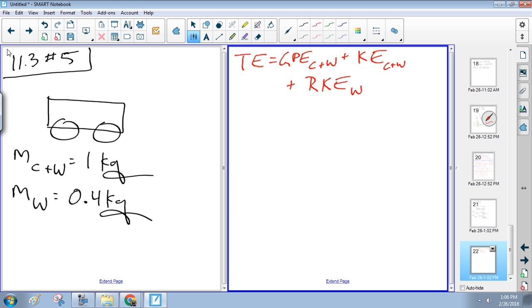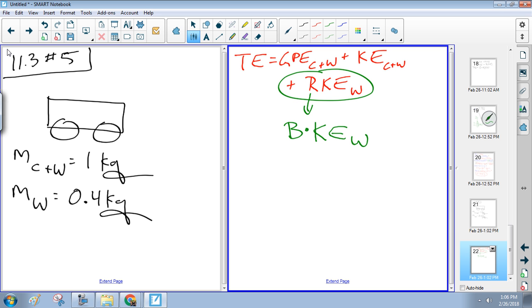All right, so does everybody understand what I'm getting at here? Then the question is, how am I going to deal with the rotational kinetic energy of the wheels? Well, the rotational kinetic energy of the wheels should just be equal to the kinetic energy of the wheels times B. And I think the problem tells you the shape of the wheels.